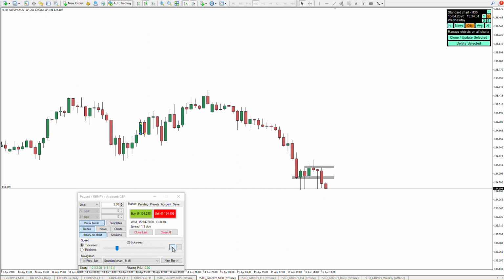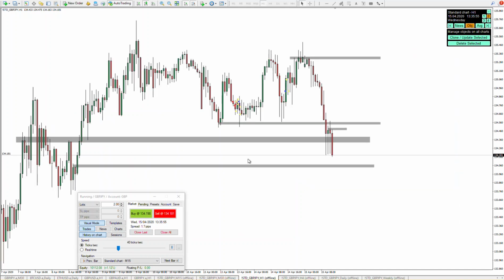I skip the trade. The hourly support is too close. Let's just see how it reacts there. Let's see on the hourly close.